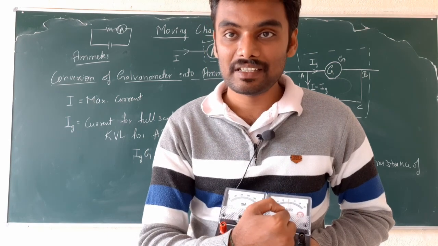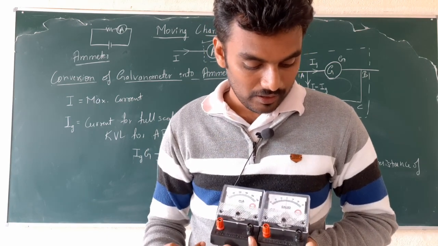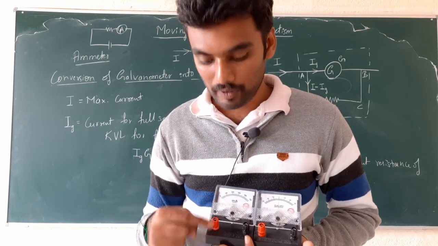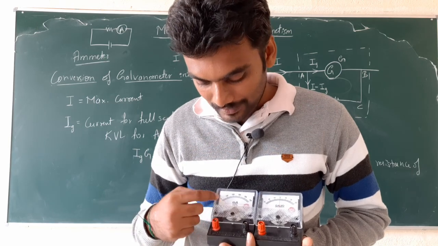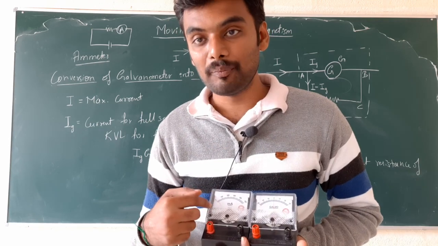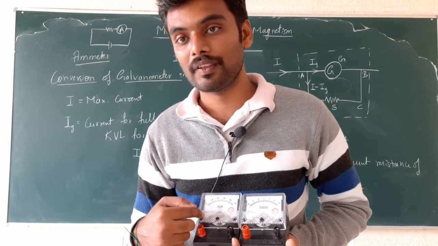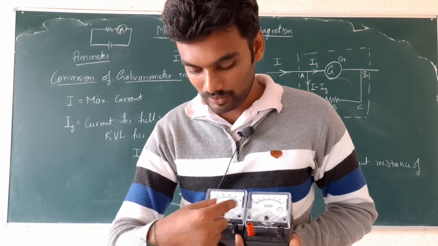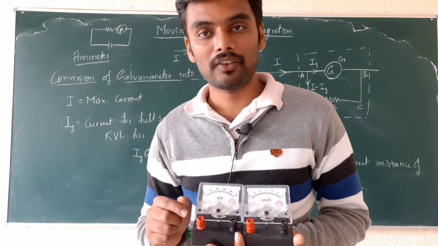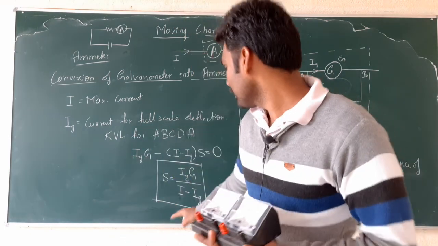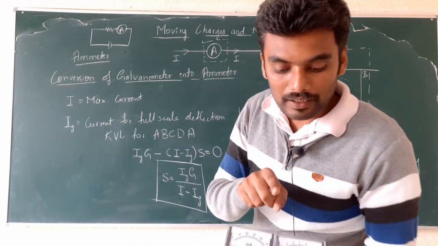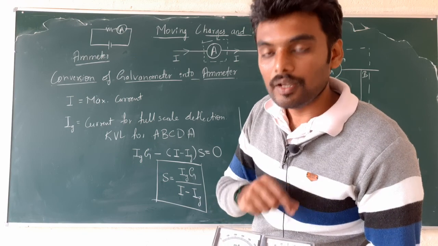The value of Ig for this galvanometer is, as I said, 0.6 milliampere, and the value of I, the maximum range of current that has to be measured, is 500 milliampere. So now I need to convert this galvanometer into this ammeter. Following? How do I do that? By connecting a shunt resistance. You calculate what shunt resistance shall be connected in parallel, so that I convert this galvanometer into this milliammeter.